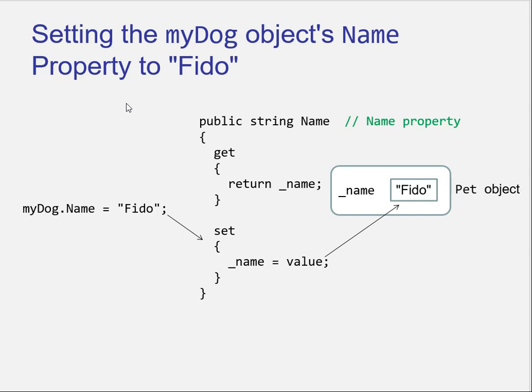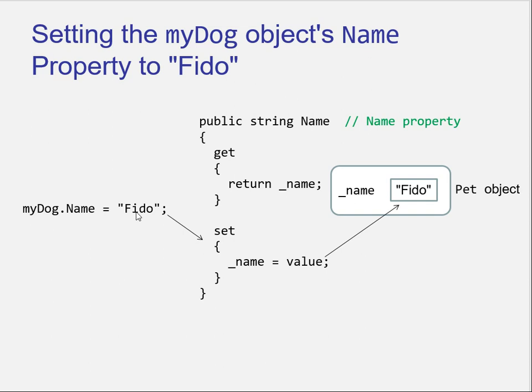Now, just elaborating a little bit further on that, setting an instance of my dog object's name property to Fido, for example. We've created an instance of an object, a Pet object here called myDog. By default, it has this ability to have a property that we called Name, and we could assign it equal to, let's say, Fido.